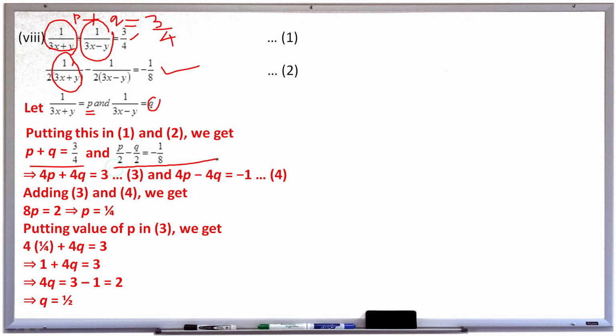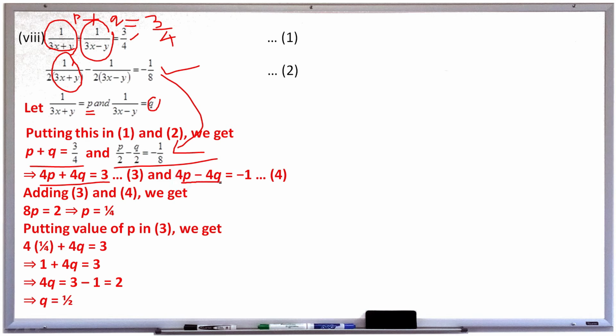The second equation will become p by 2 minus q by 2 is equal to minus 1 by 8. Now cross multiplying, 4 into p is 4p, 4 into q is 4q, so 4p plus 4q is equal to 3. And here again you can take 2 as LCM, p minus q by 2 is equal to minus 1 by 8.